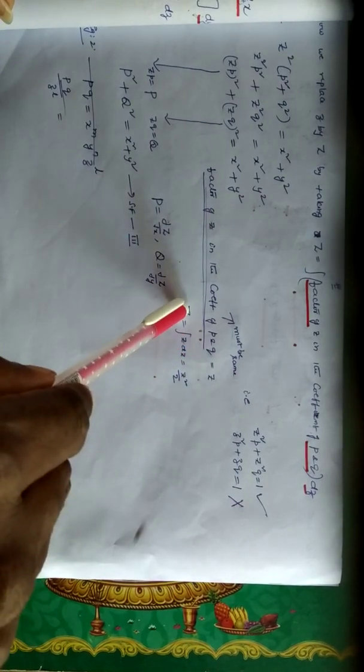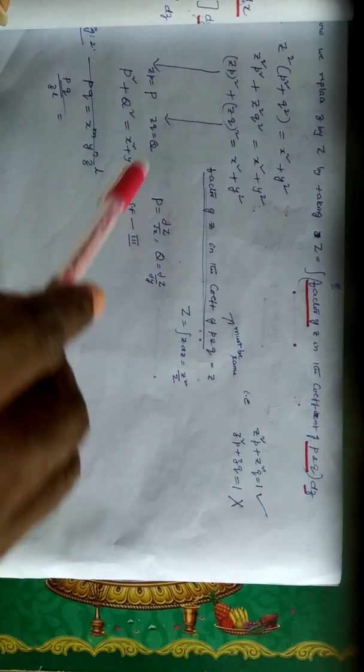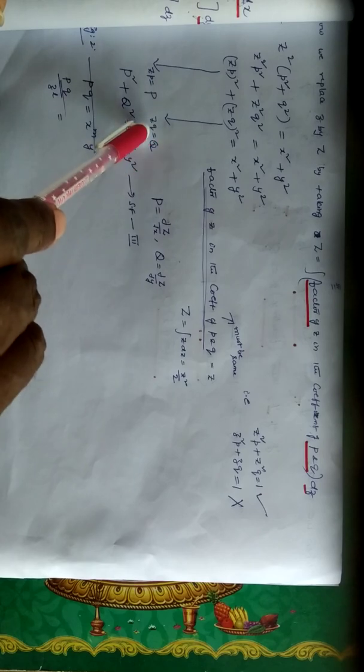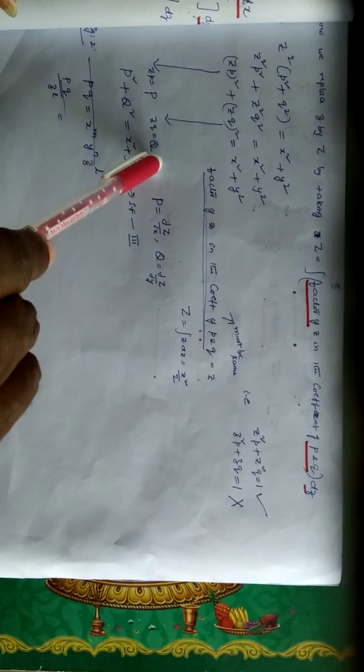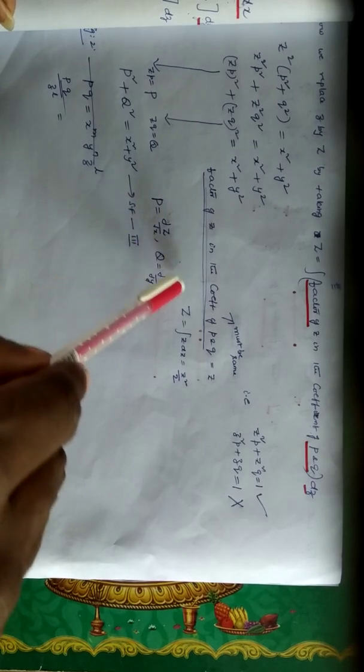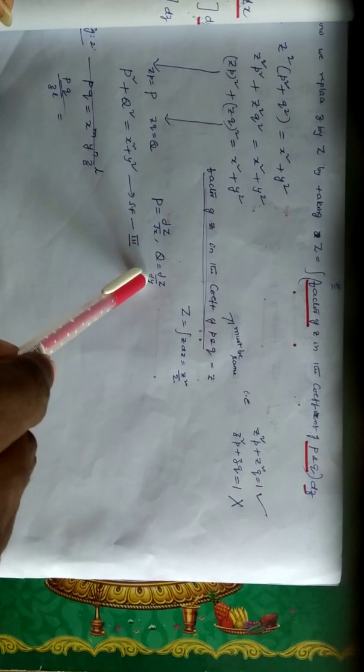That means by taking capital Z equal to small z square by 2, small z into p changes to capital P, small z into q is changed to capital Q. Here capital P equals dou capital Z by dou small x, capital Q equals dou capital Z by dou small y.